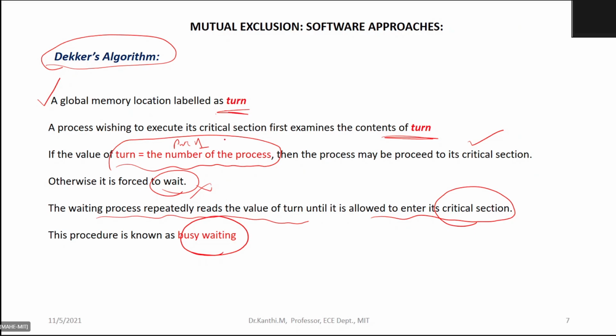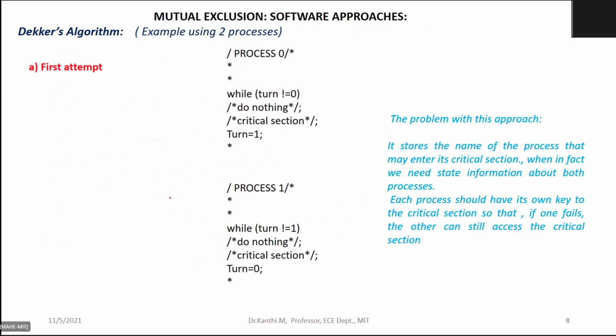If not, it has to keep checking whether my turn will come or not. So there are different attempts made in this algorithm to see how it can be handled and what are the problems in the way in which you write the code.